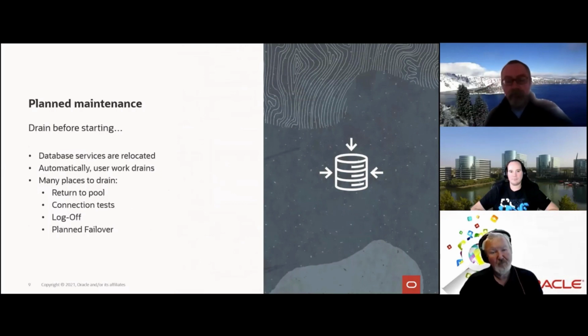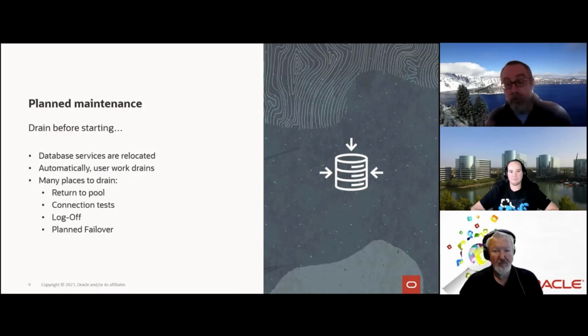The concept is you submit in-flight work, and the database processes it while new work is going elsewhere in the cluster, RAC cluster in this case. So you submitted the work to node 1, it's being processed. In the meantime, we signaled that any new work should go elsewhere in the database, and all new work goes to node 4 maybe.